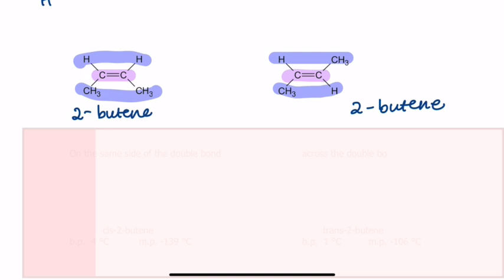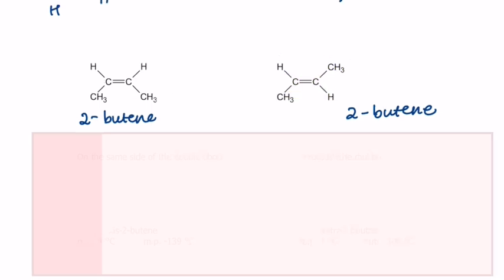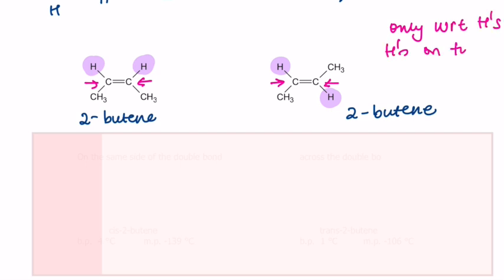So we need to come up with a system in our nomenclature that reflects this difference in properties and this difference in structure. We look at the two hydrogens. In this case, the hydrogens are on the same side, whereas on the right, the hydrogens are on the opposite side of the double bond. The things to remember are that we are looking at the two hydrogens attached to two different carbon atoms, and we only look at hydrogens.